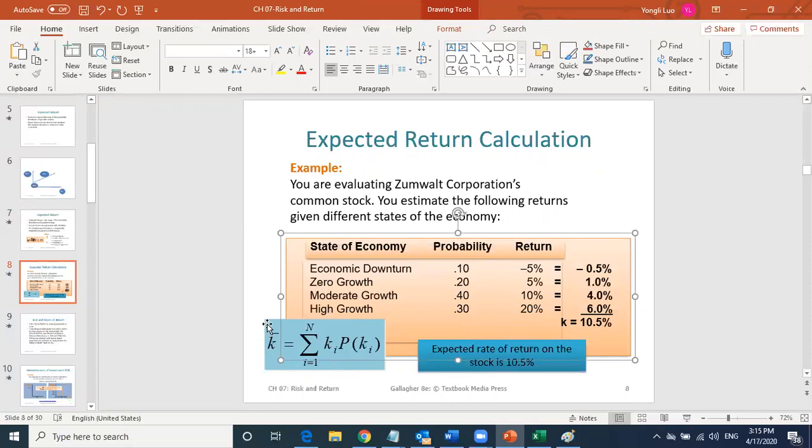You use the probability of that return, and then you sum them up.